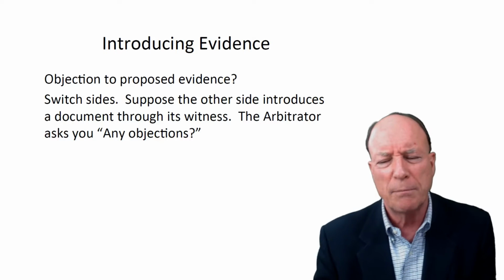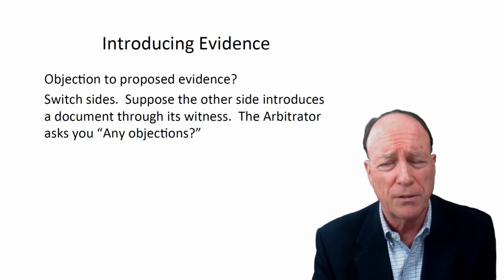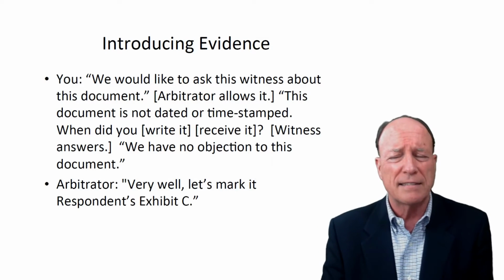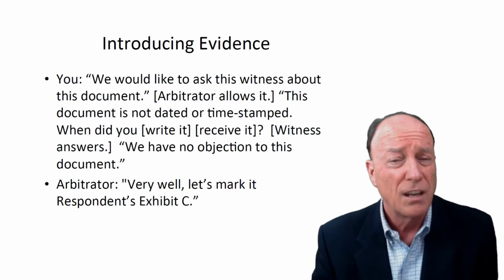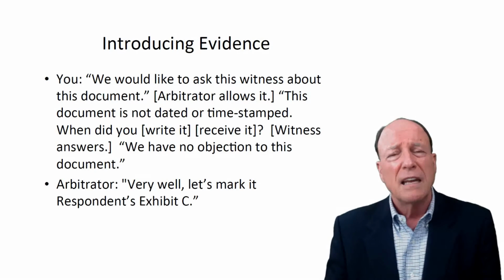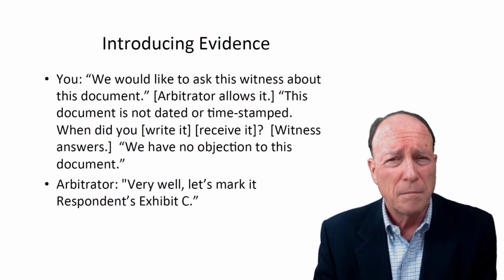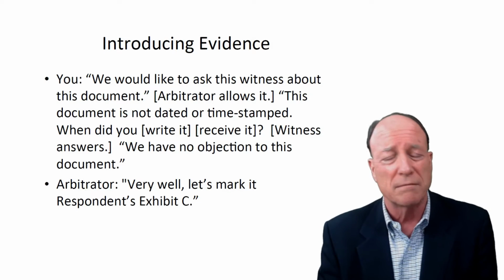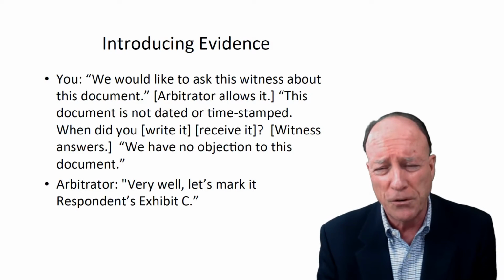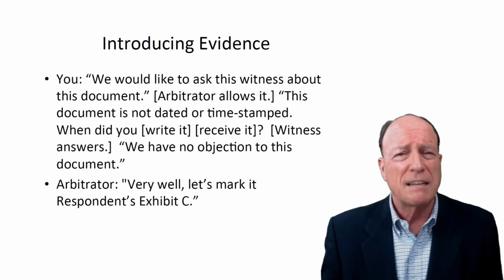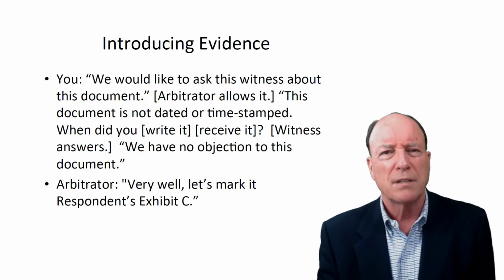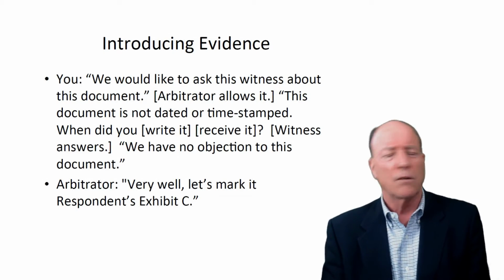Now, switch sides. Suppose the other side introduces a document through its witness, and the arbitrator then turns to your side and says, are there any objections? You might say something like, yes, Ms. Arbitrator, we would like to ask the witness about this document. The arbitrator will certainly allow it. You would say something like, this document is not dated or time-stamped. When did you write it or receive it?